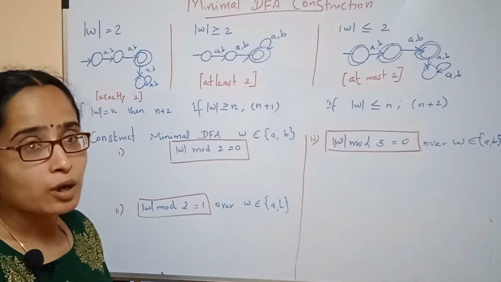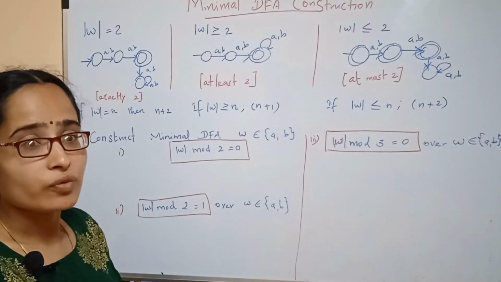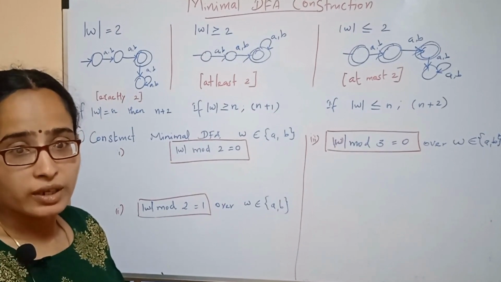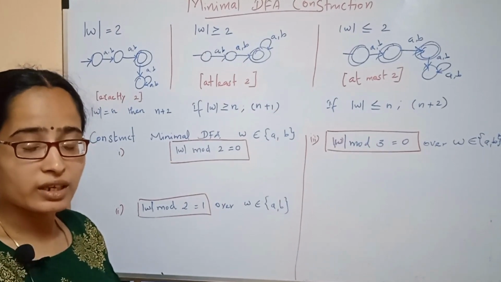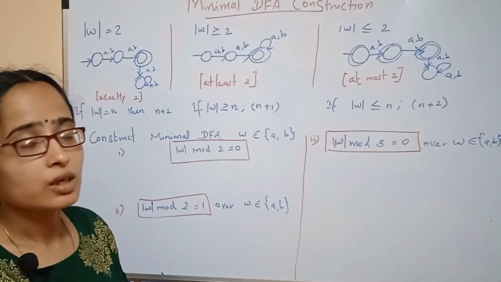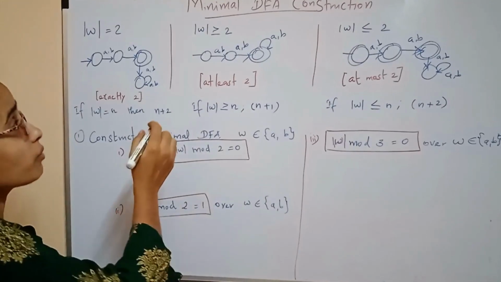A DFA which has the minimum number of states is called a minimal DFA. When you transform the given DFA into an equivalent DFA, that equivalent DFA will have the minimum number of states. That is called a minimal or minimized DFA.